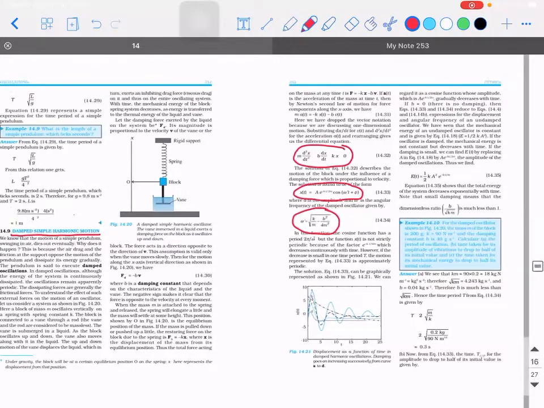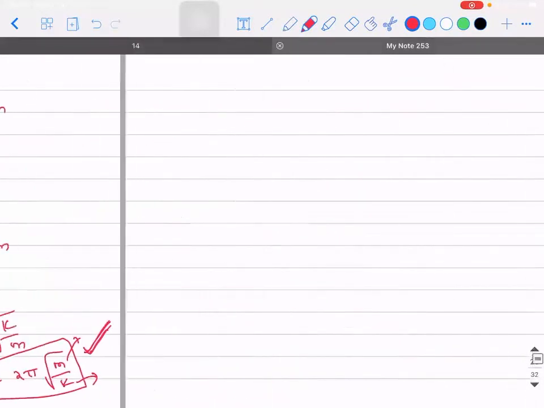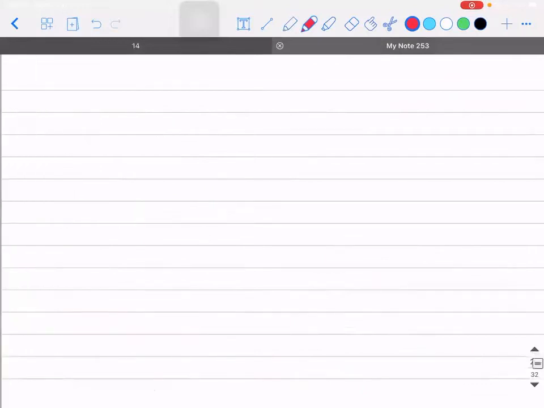Do you know the meaning of damped? See, suppose I take a simple pendulum to this position and release it.